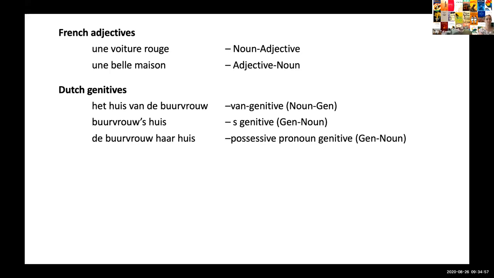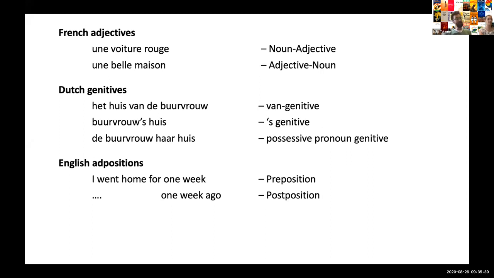However, we can also find 2 other constructions: the s-genitive, where the genitive is not headed by a preposition, so we find another word structure, which is genitive-noun, instantiated by the s-genitive. The third construction is the possessive pronoun genitive, which again has the genitive in front of the noun.